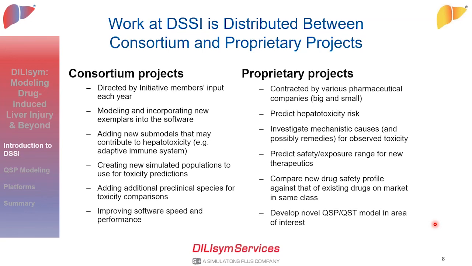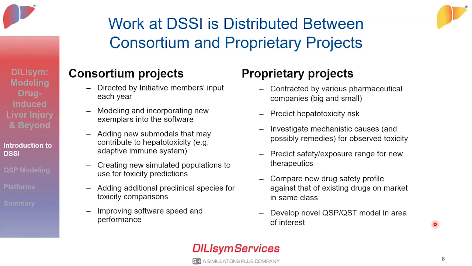We have mouse, rat, and dog in DILIsym, so we're always looking at adding more species there to expand the capabilities and the assessment abilities. And then there's ongoing efforts to look at software speed and performance. So in addition to biology, there's always software associated and wider population type assessment that goes along with building a platform.